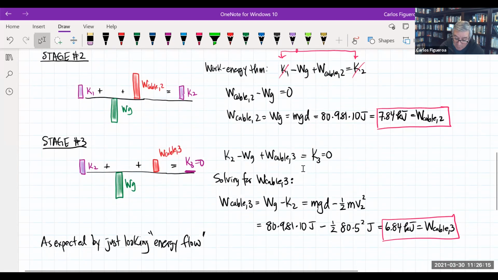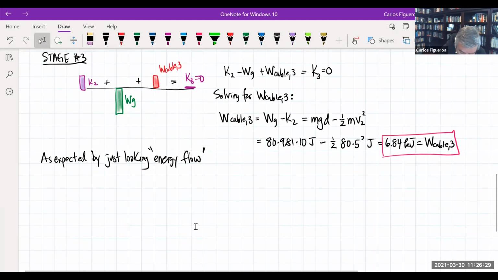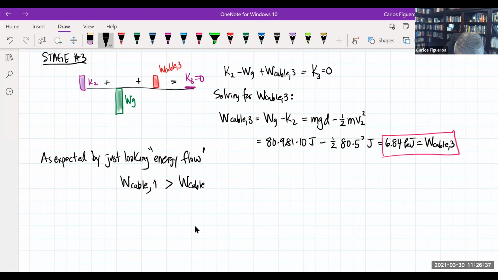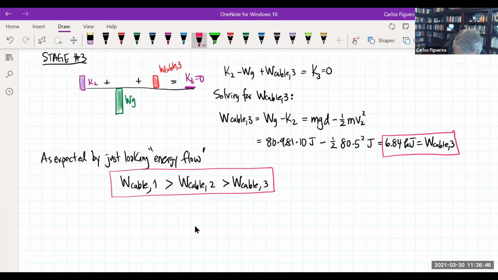And then the cable in stage 2 is going to be next. And then the third stage is the smallest. So just by looking at what we were talking about earlier, this tells us that the work during stage 1 is greater than the work of the cable during stage 2 and the work of the cable during stage 3. So it's exactly what we expected by looking at this from energy flow.